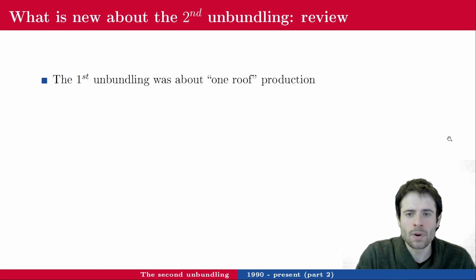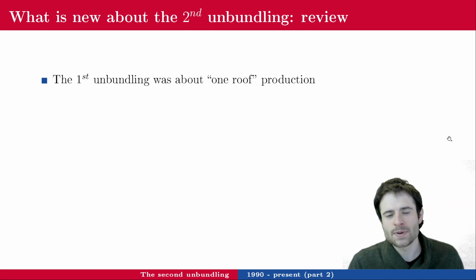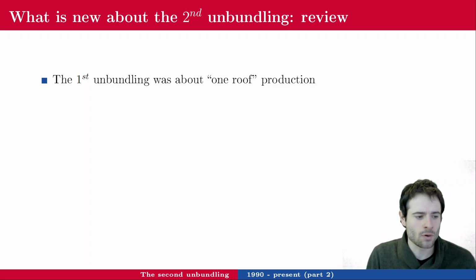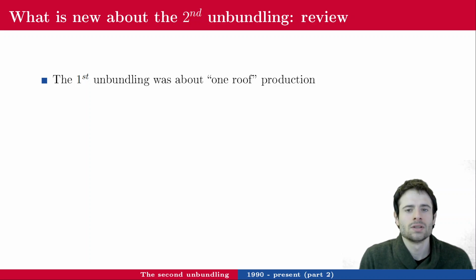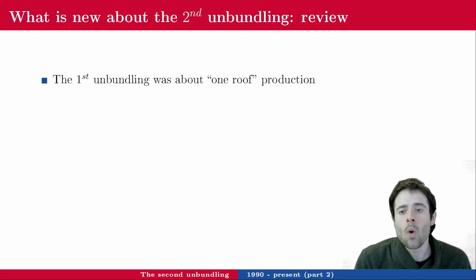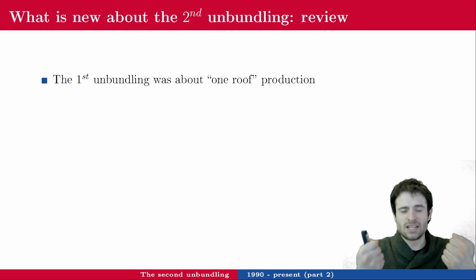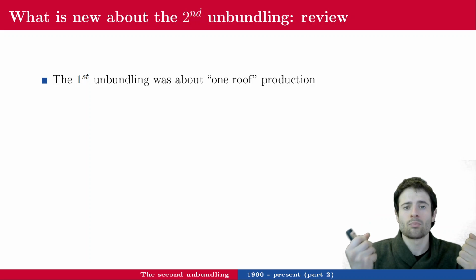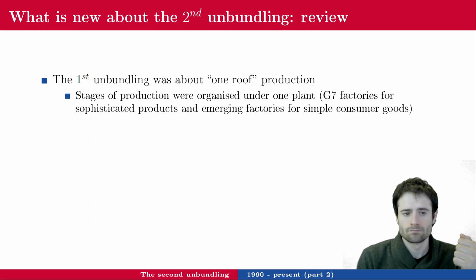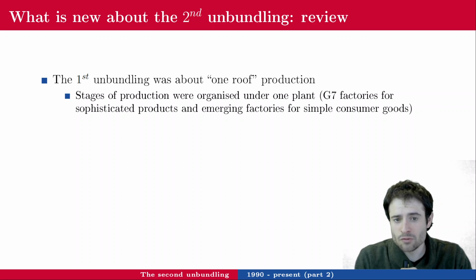So, what's new about the second unbundling? Let's make a review. I've been talking about this for 30 minutes now, but a review never hurts. The first unbundling was about having production under one roof, but consumption taking place in another location. So the first unbundling was about disconnecting consumption from production. Stages of production were organized under one plant.